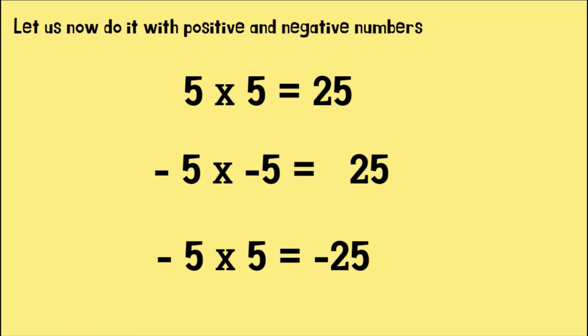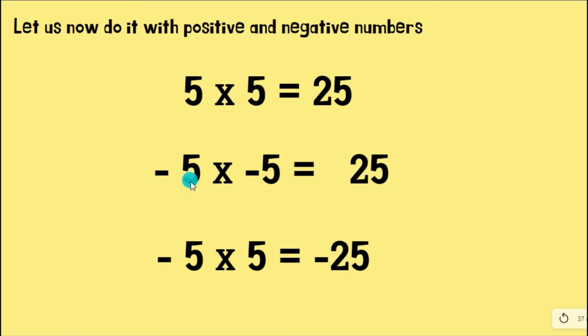So to summarize what I have discussed earlier, remember that a positive number multiplied with positive equals positive. So that's why 5 times 5 equals 25.